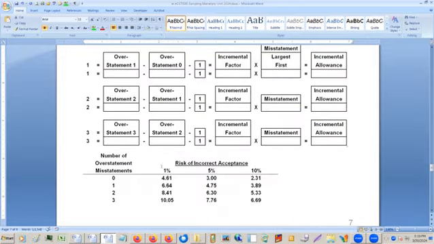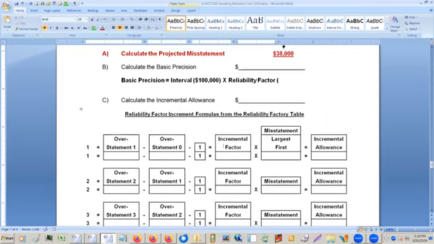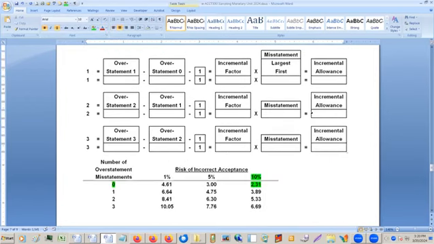So reliability factor, 10%, 2.31. Did I get that right?